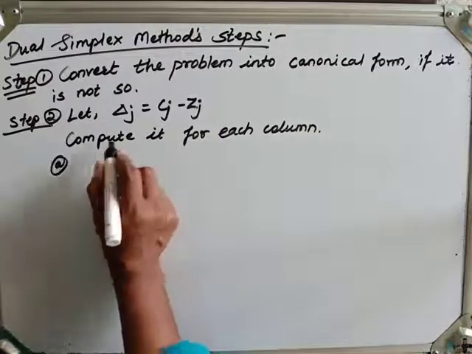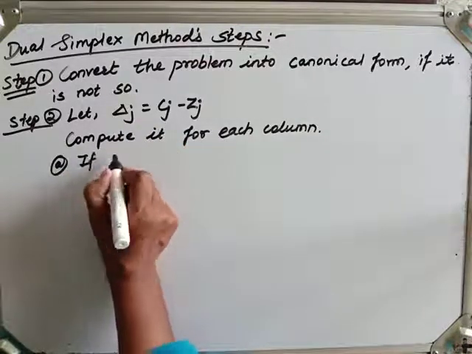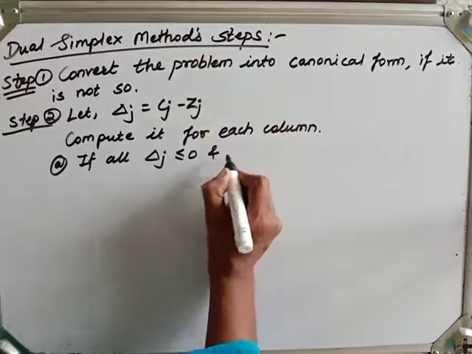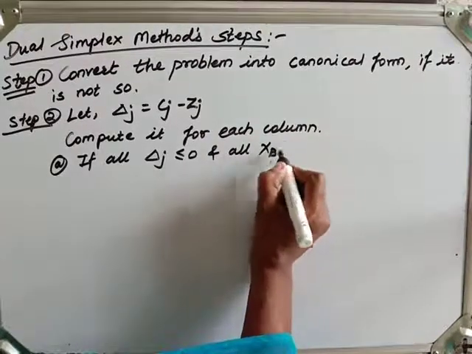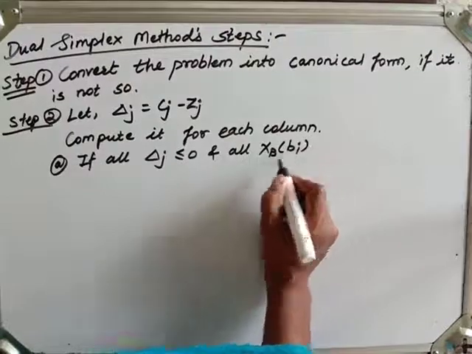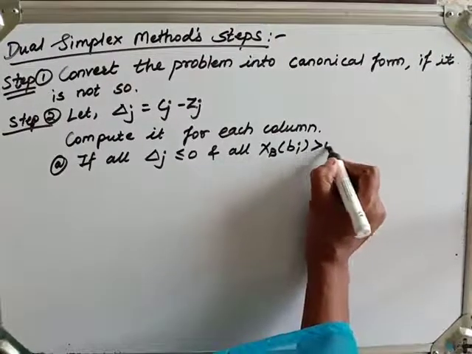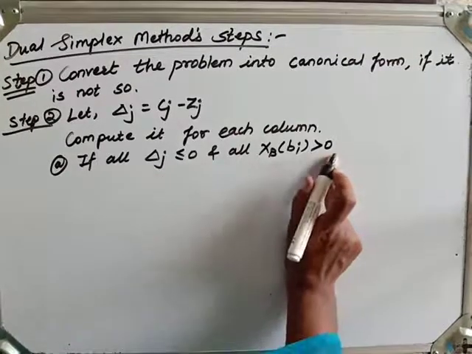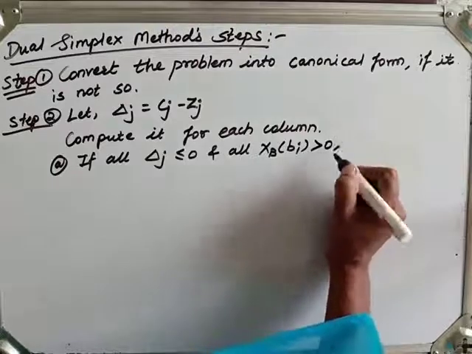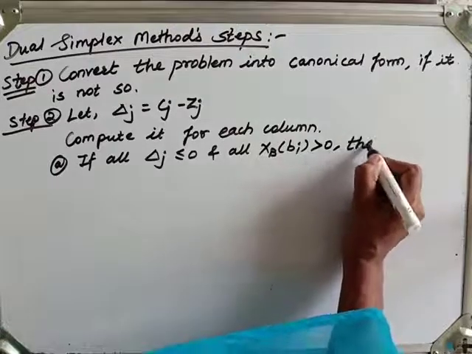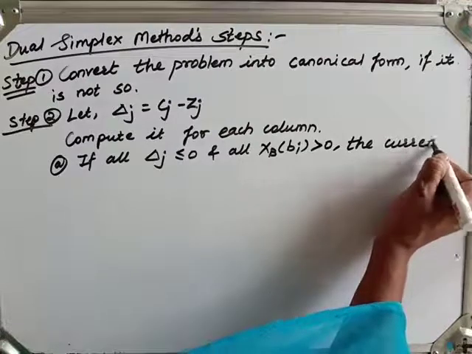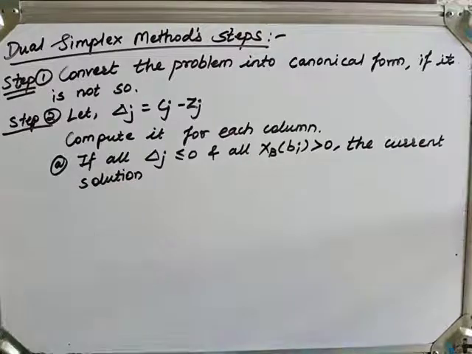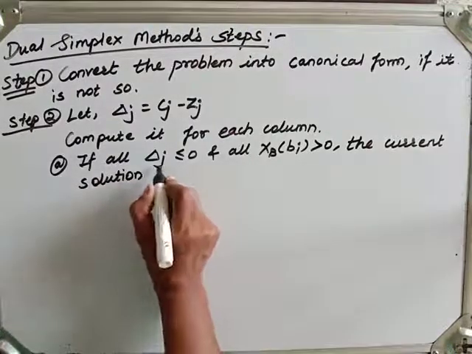While computing that, there are some conditions. If all del j less equal 0 and all xb, also known as bi's, are strictly greater than 0, then the current solution is optimal feasible.